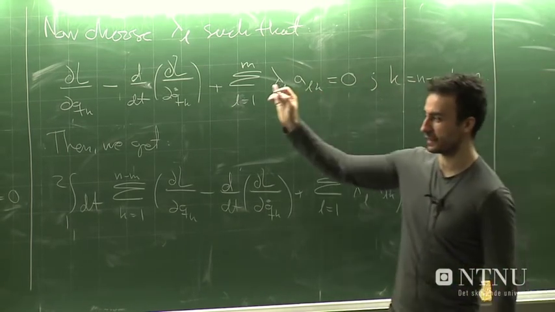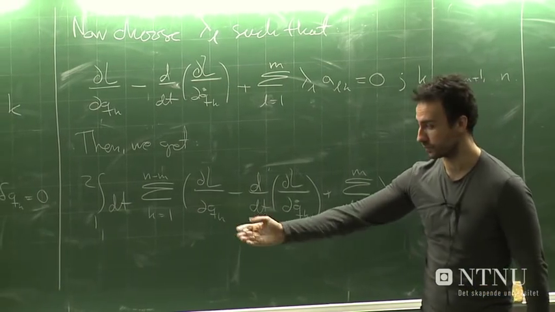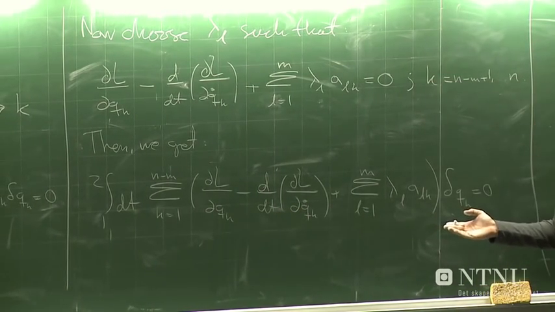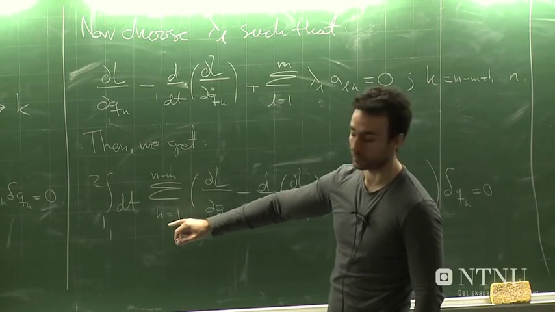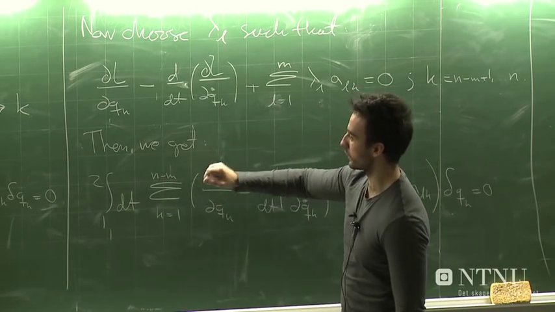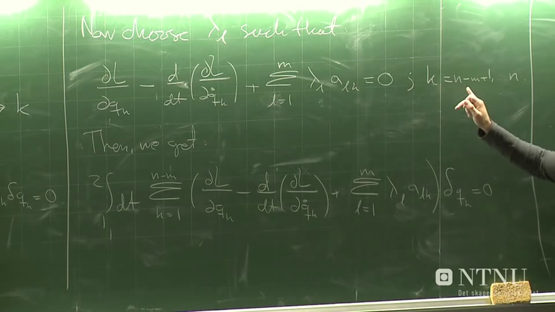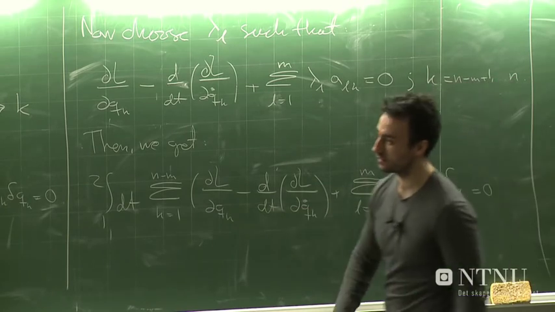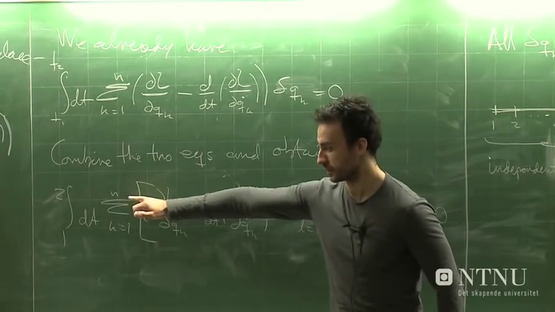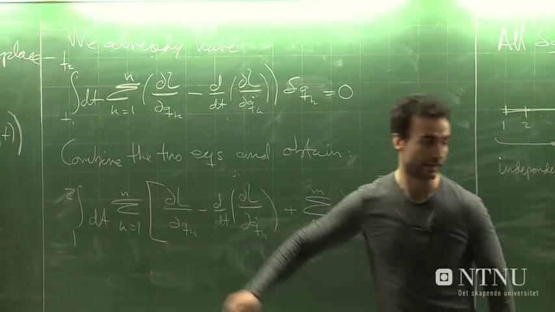So if this is the case, then this is what we are left with. Notice that the difference here now is that the sum goes up to n minus m, because we discarded all of the terms from n minus m plus 1 up to n. So the difference between this expression and this one is how far the sum goes: n in this case, n minus m in this case.